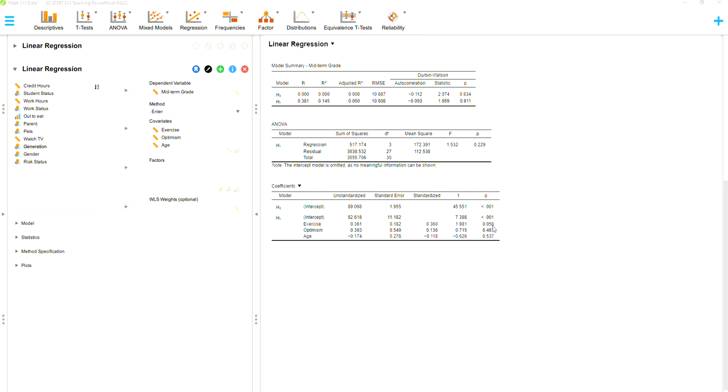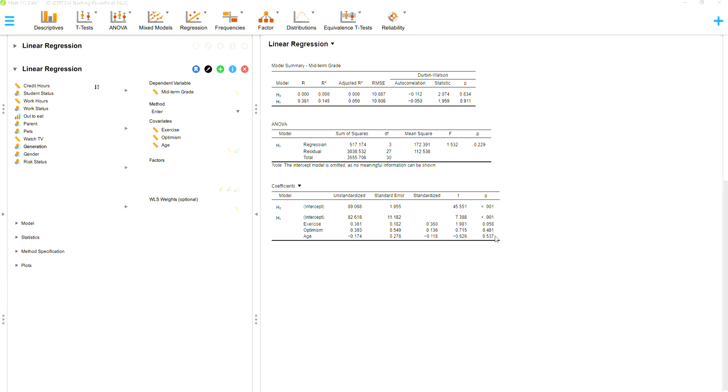Something else: if just one of these predictor variables is significant, you will have a significant overall model. So if exercise was significant, then this p-value would be significant. That's just the way it works.